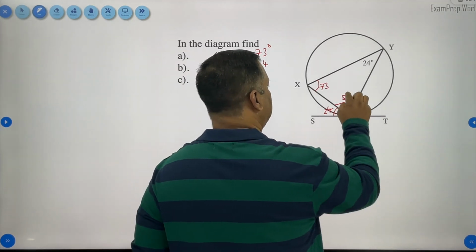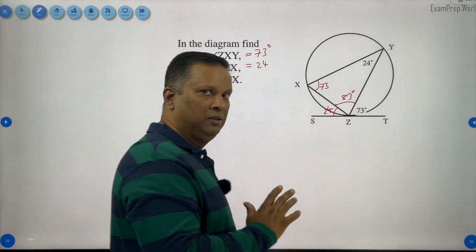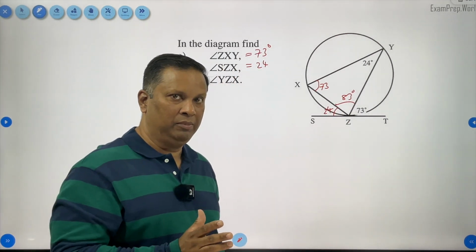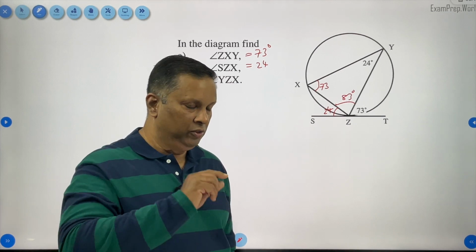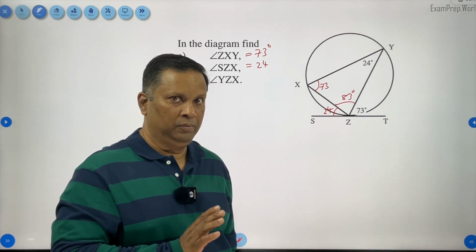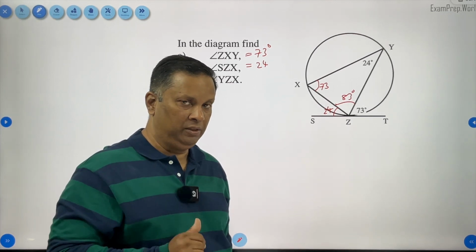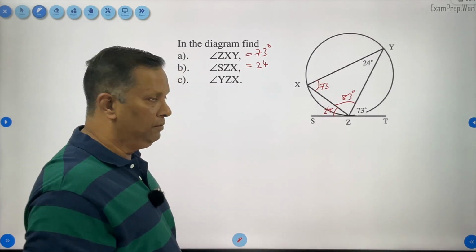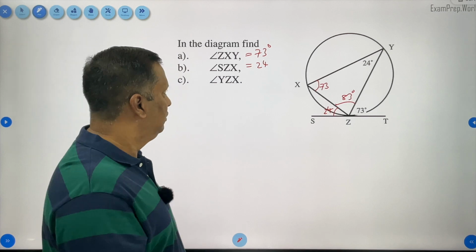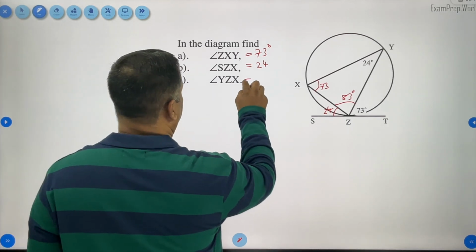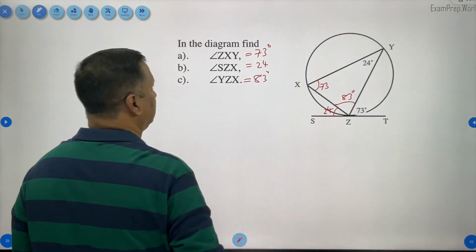So this angle is 83 degrees. See, it helped. Alternate segment theorem helps a lot. And this is the theorem which you will use most, apart from the angle in the same segment. This is the one which is used most to solve your IB questions which come in exam. It's very easy to solve them. So it is 83. Let us complete this one.